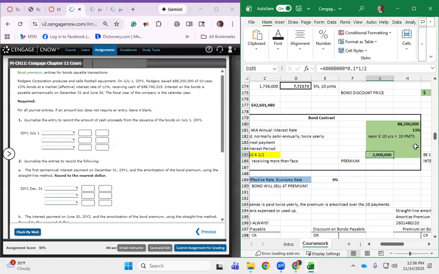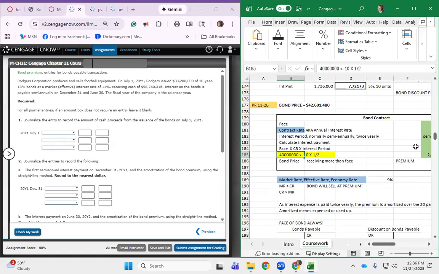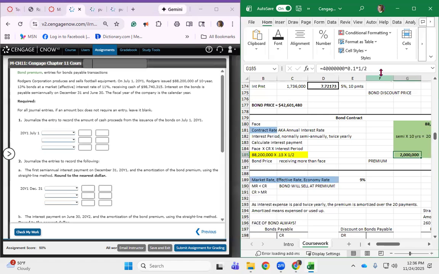Now let's calculate an interest payment. You're going to take your bond face, 88,200,000, times the interest rate, mine is 0.13, times 1 divided by 2. Same formula. Now I'm going to put this in and see what my interest payment will be.